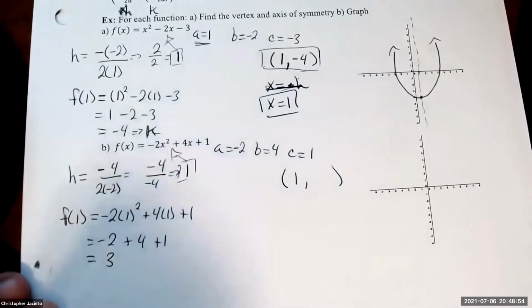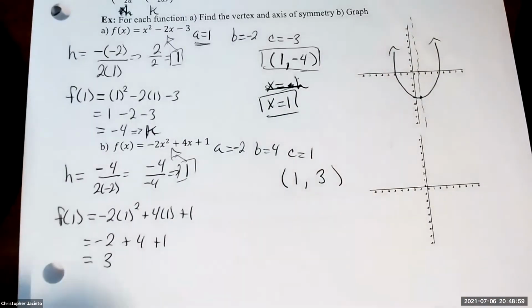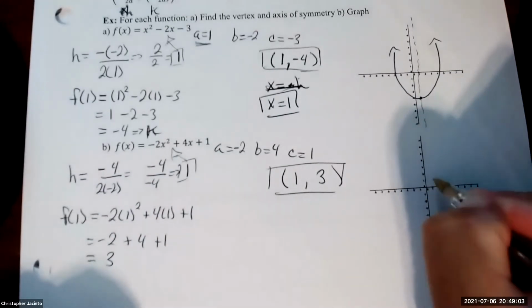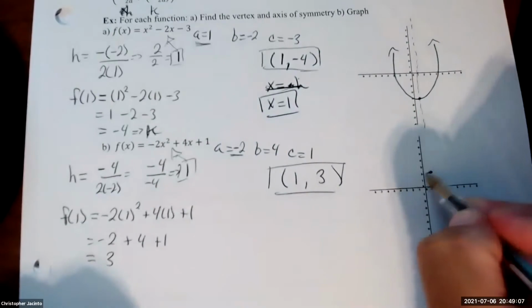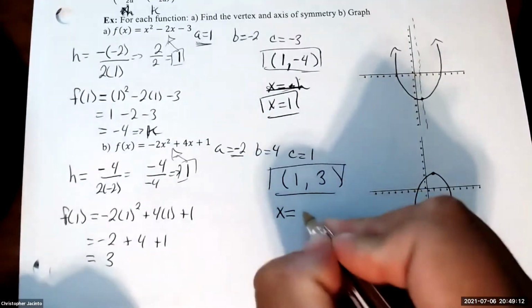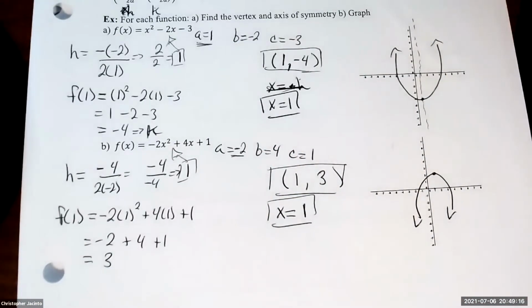And that should give you, I think, +3. There we go. So here is our vertex. So 1 up 3. And this is a negative, so it's going to go down. And then our axis of symmetry is x equals 1 as well. And there you go.